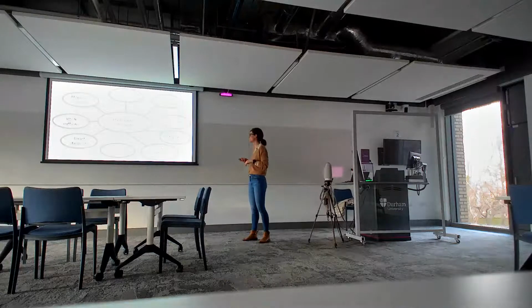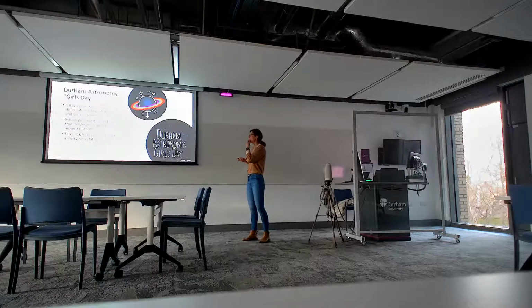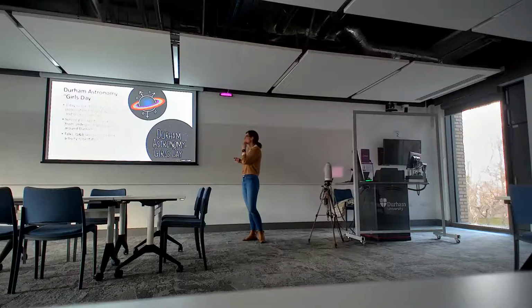Okay. The other thing I wanted to talk to you about real quick is outreach. So we're currently organizing an event called Durham Astronomy Girls Day. So this is specifically targeting schoolgirls aged 11 to 15-ish from underprivileged areas around County Durham, okay?